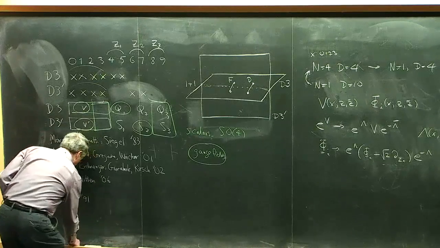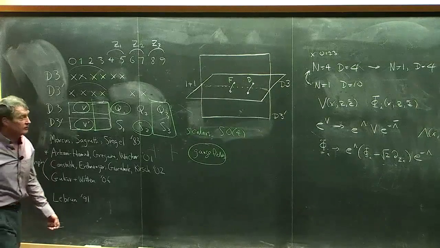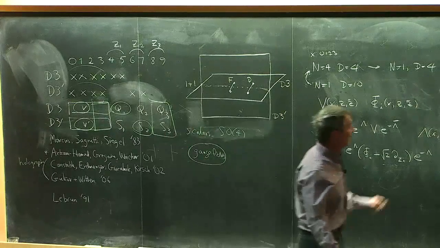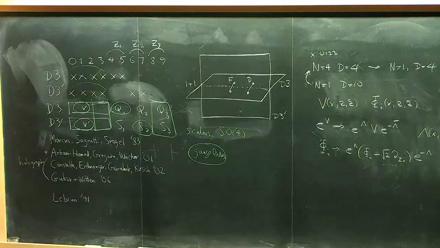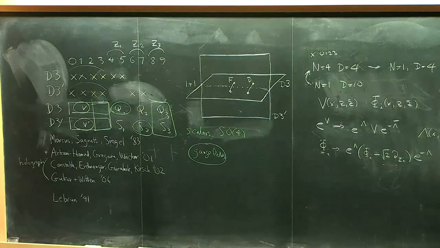So now I want to come to the first important part of all of this. I want to pick out from this action the terms that involve the auxiliary field of the vector multiplet of D3. They come in two places. First of all, there's the usual 1/2 D squared.